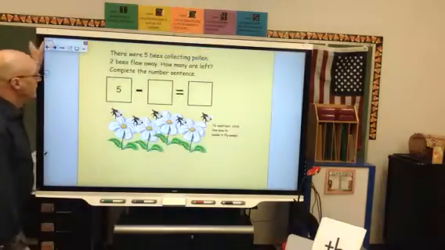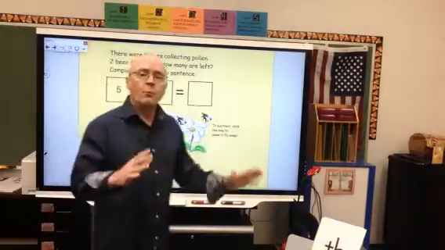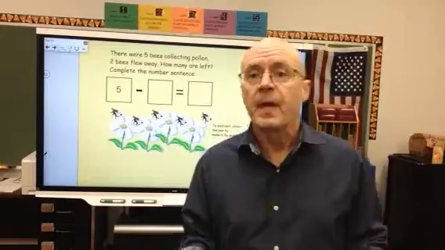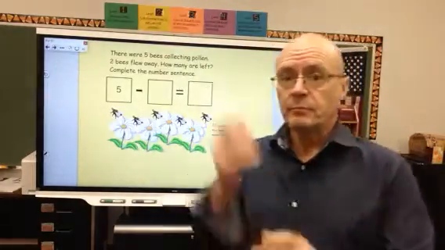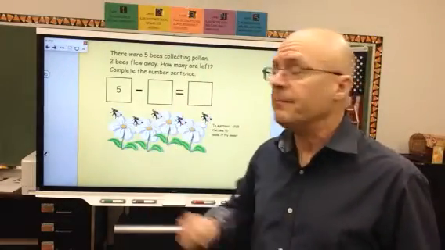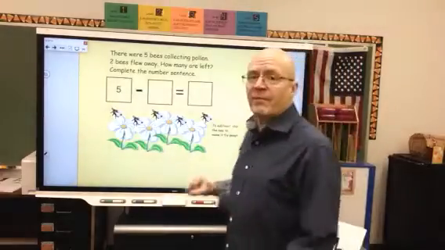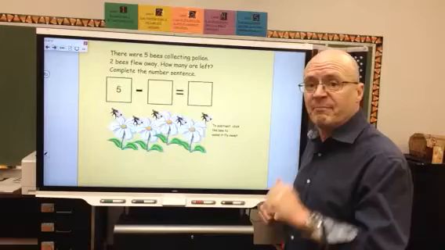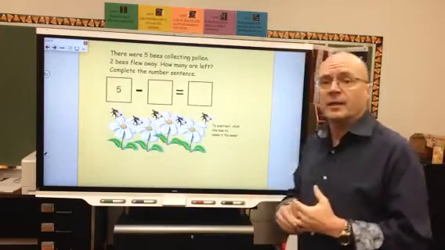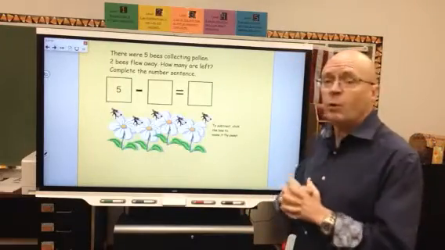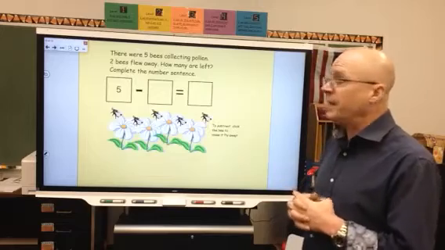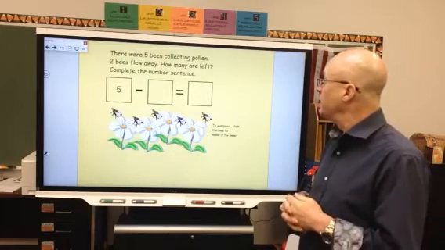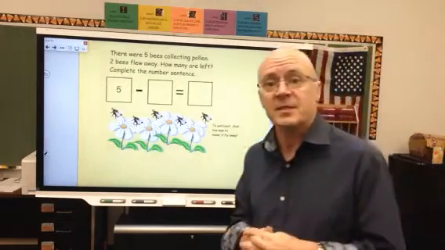Now, one way to do subtraction is to mark things off, okay? So here we have our bees, and you guys might remember the bees from last year. There were 5 bees collecting pollen. 2 bees flew away. How many bees are left? Complete the number sentence.